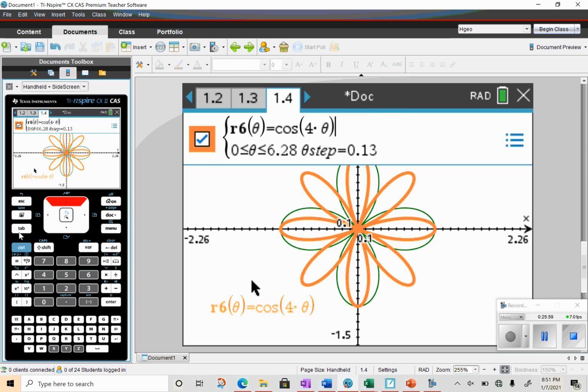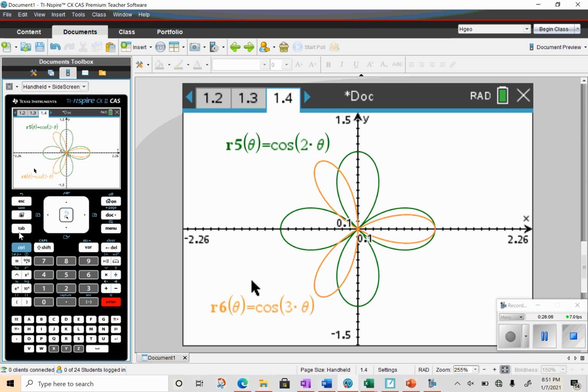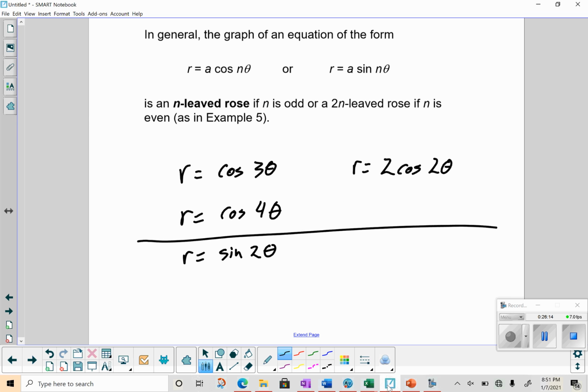What if I, instead of 4, I change that down to 3? We only get 3. What's up with that? So this is what, again, the printed part here is telling us. If n is an odd number, the number of leaves that we get for our rose is equal to that odd number.